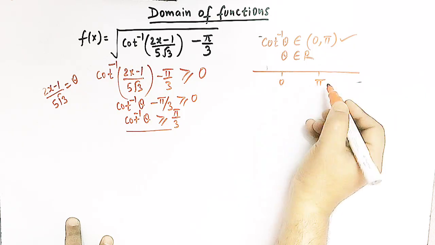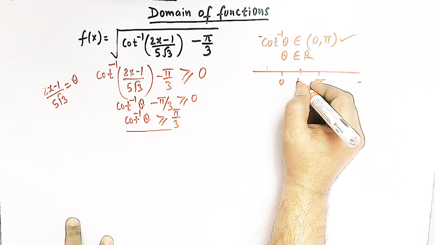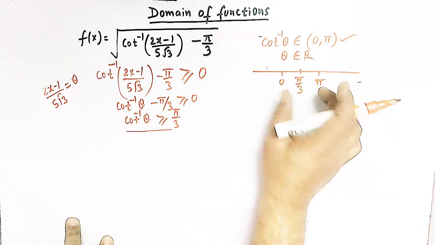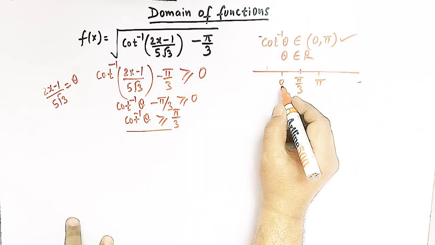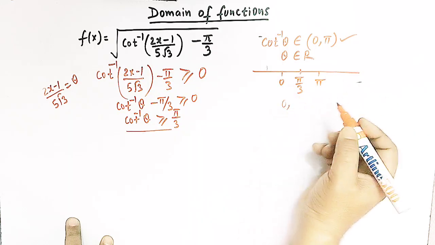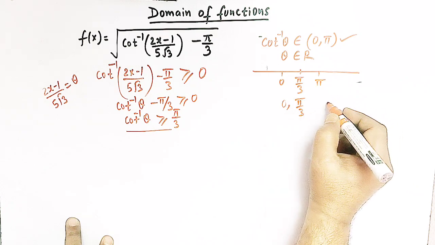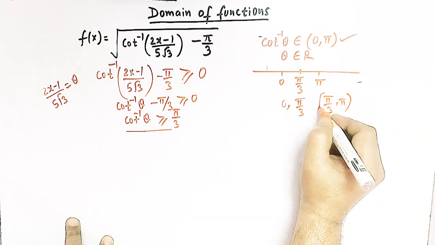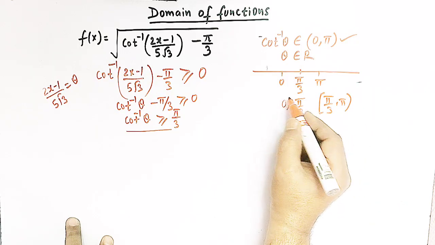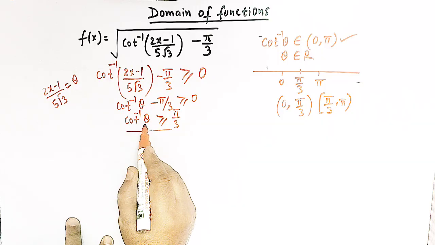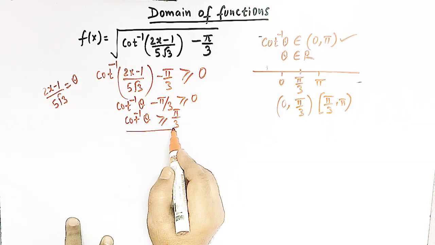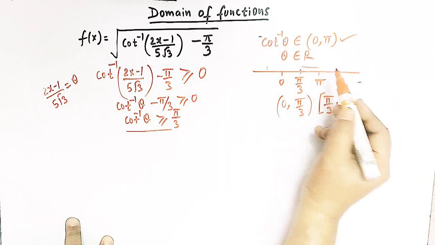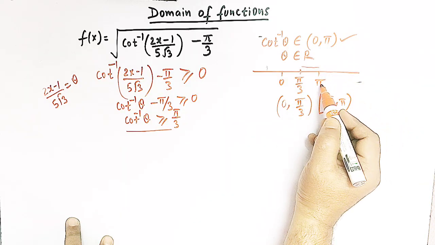Now between 0 and pi we have pi by 3. This pi by 3 splits the interval into two sub intervals, that is from 0 to pi by 3, and from pi by 3 to pi. Since cot inverse theta is greater than or equal to pi by 3, we have to consider only the interval from pi by 3 to pi.